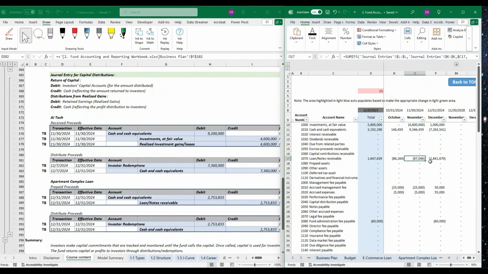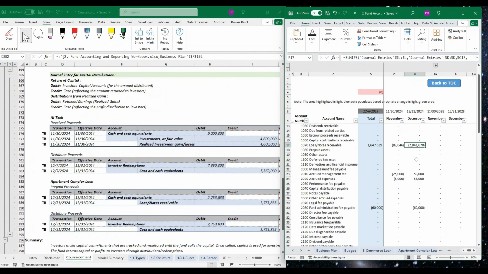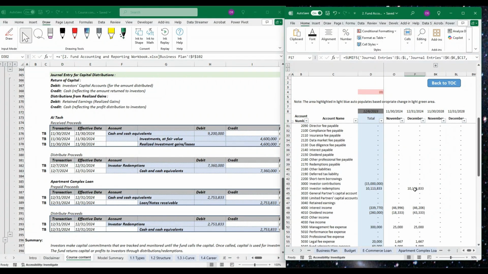And for loan note receivable, we decreased by $2.8 million. These include part of the principal payback plus this $2.753 million prepaid proceeds. So this is how we reflect the monthly activity for these entries. Meanwhile, for these redemptions, including the loans and the AI company sale, we have increased the redemptions in the equity part.